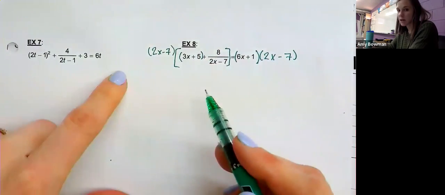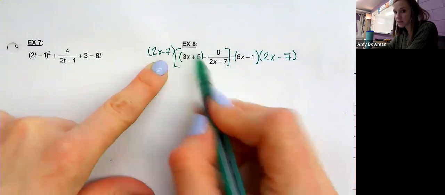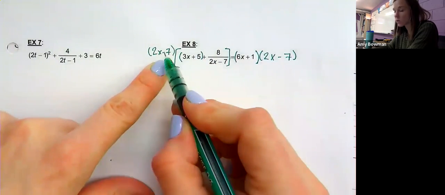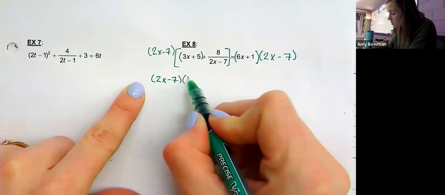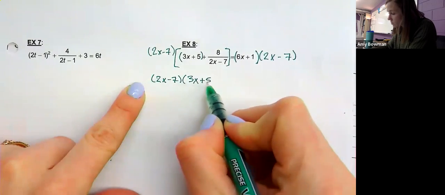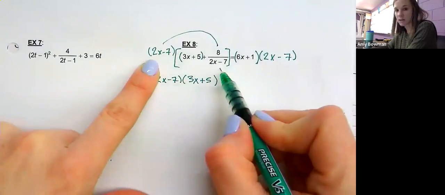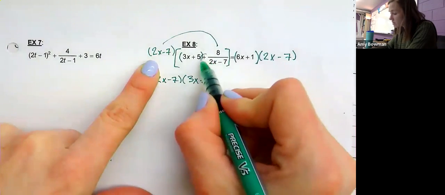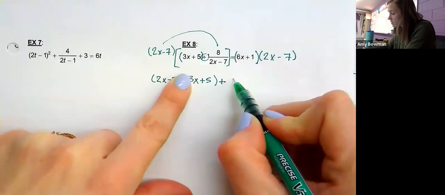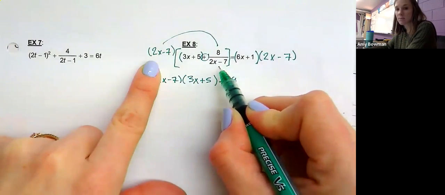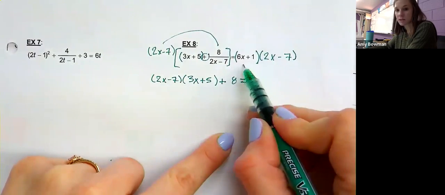I could have just done it times 3x and then times +5, or I can just do it all at once. So 2x minus 7 times 3x plus 5 will distribute in the next step. Multiply it by this fraction, so that's just going to eliminate the denominator. My plus sign here comes next, and then I'm just left with 8 because that's going to eliminate the denominator.